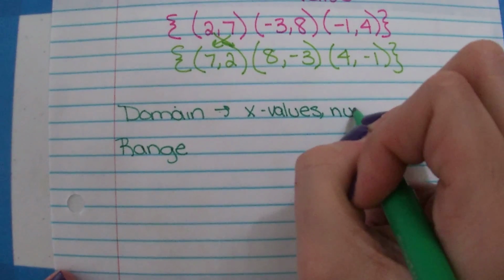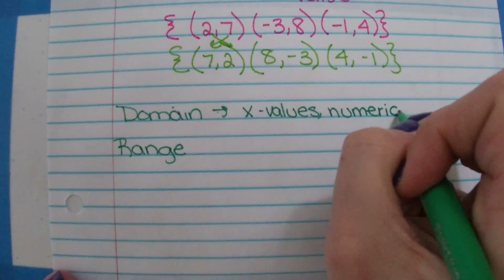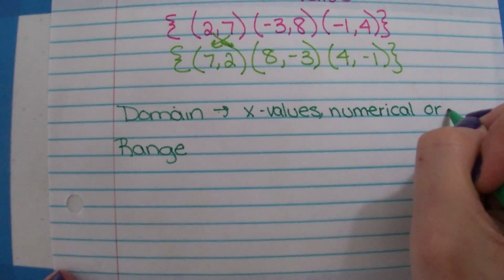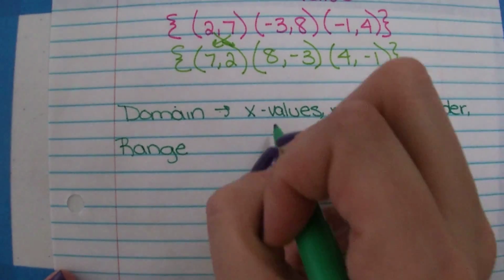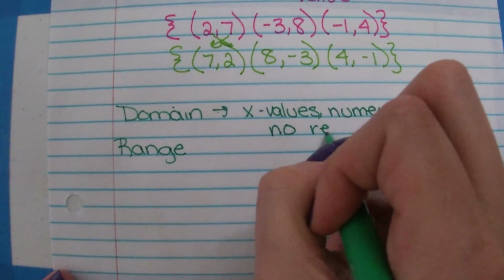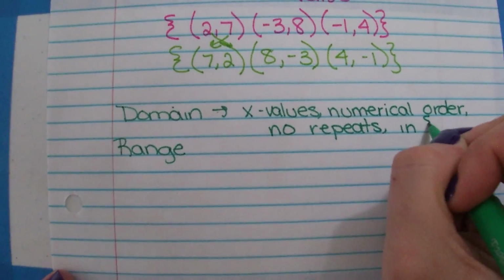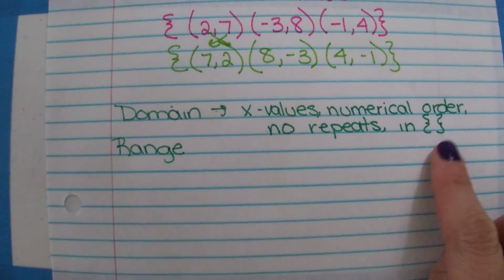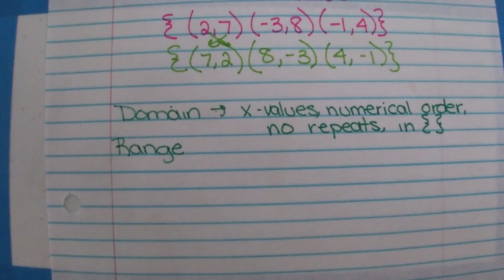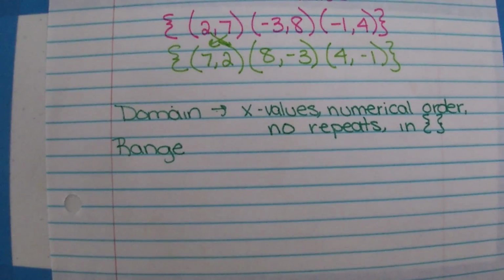We list them in numerical order. We list it with no repeats. And we list it in braces. In the math world, these braces are just our grouping symbols. So it's just a way that we hold something together. We say that they belong together as a set.